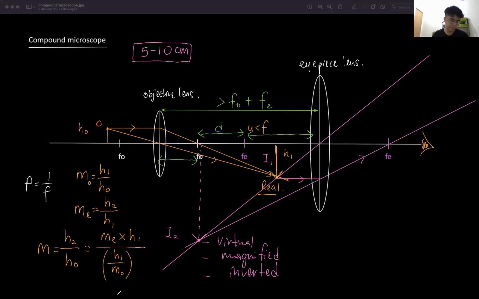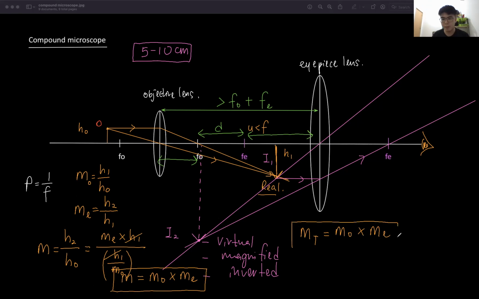You simplify this, the h1 cancels, and you get MO times ME. This is your formula of magnification for the compound microscope. Total magnification equals MO times ME. This is the same as what we did just now, where the total magnification equals M1 times M2. Remember the multiple lens system. This one times this one.